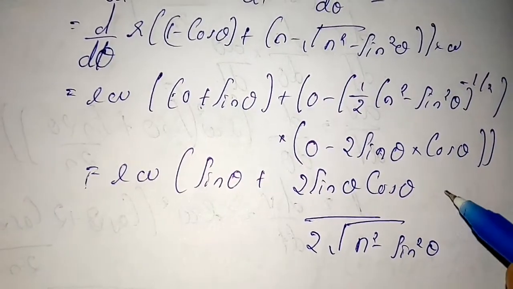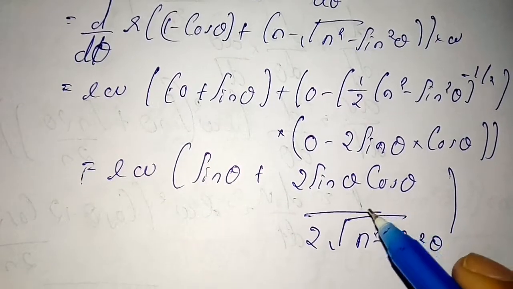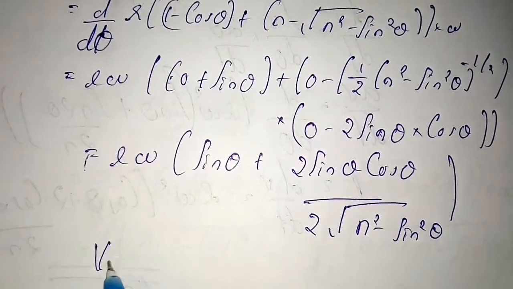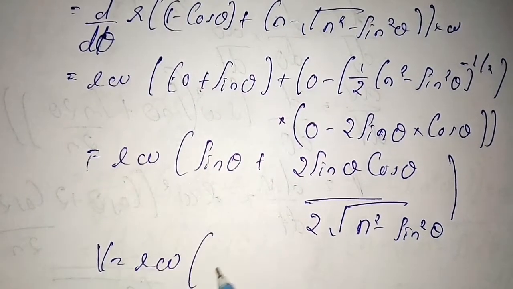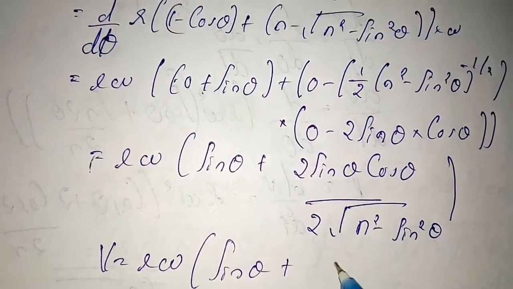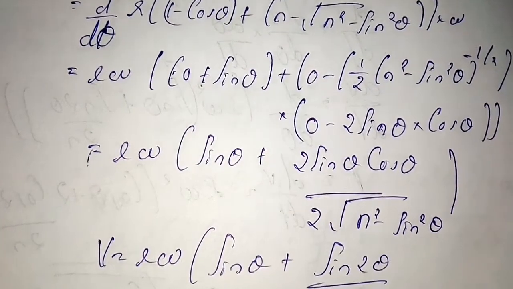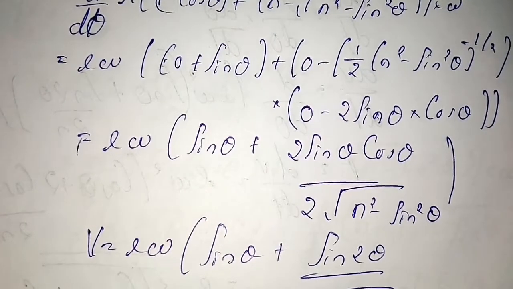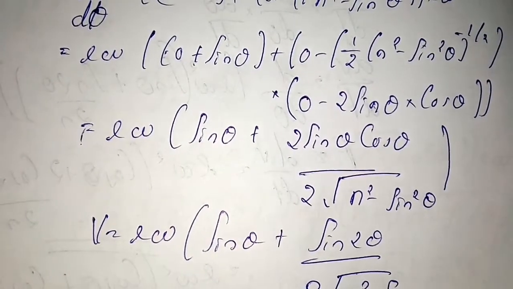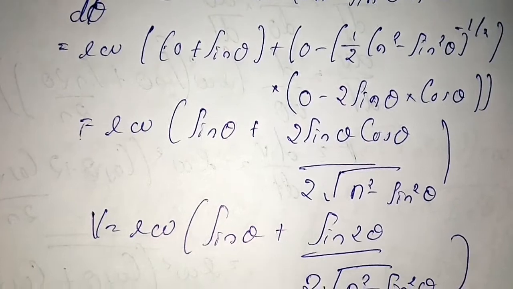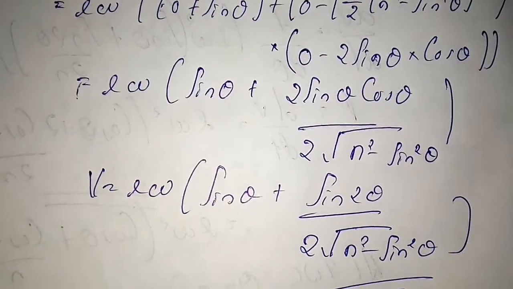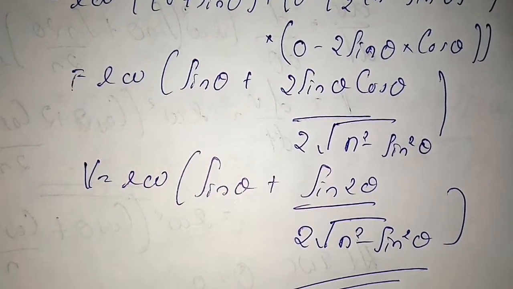We know that 2 sine theta cos theta is sine 2 theta, so we can write v is equal to r omega into sine theta plus sine 2 theta divided by 2 into root of n square minus sine square theta. So we have found the equation for finding the velocity of the piston.